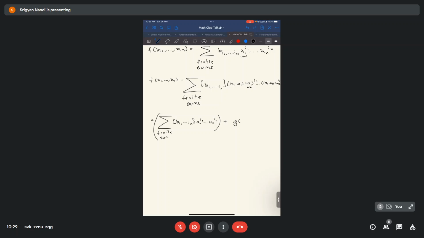The remainder will be some polynomial g(x1, ..., xn) without any constant term, that is, every term here has some x variable in it.